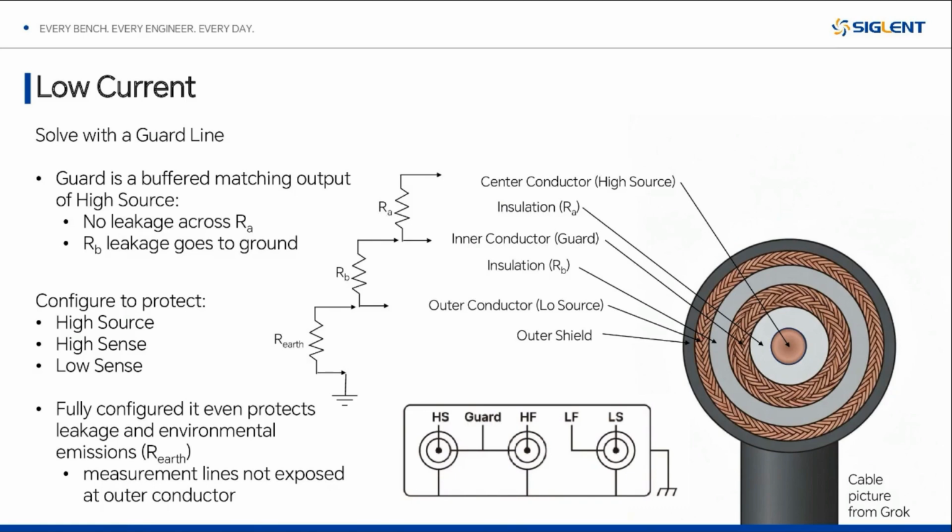Now you still have current flow between the outer ring and the middle ring, but this really doesn't impact your main source, right? Because it's leaking current from the guard, which isn't part of the measurement path, down to the shield here, which is typically outside of the measurement path as well.